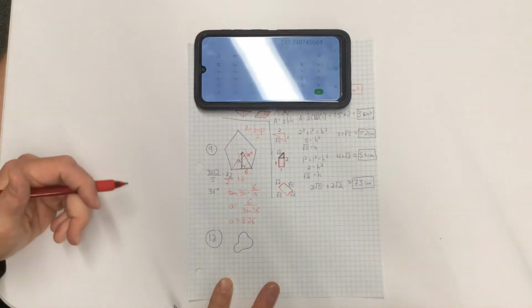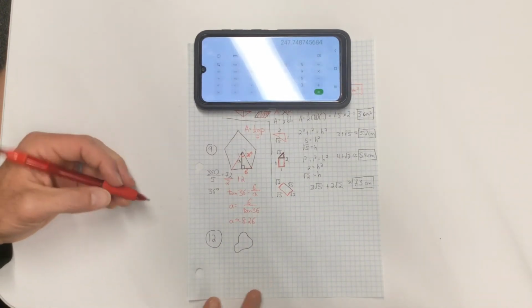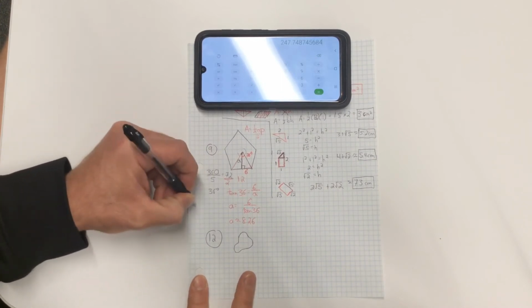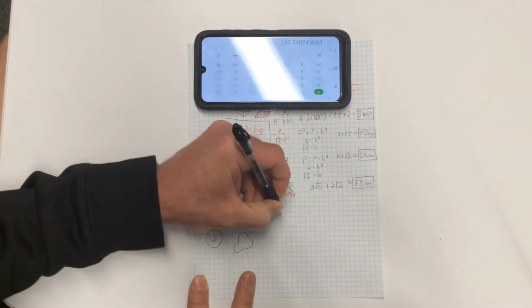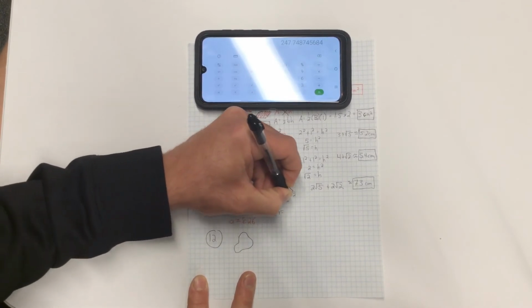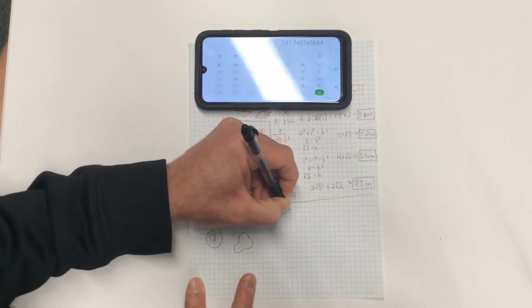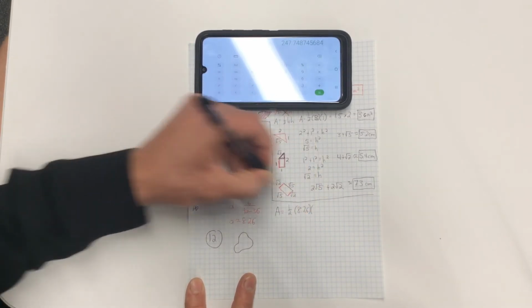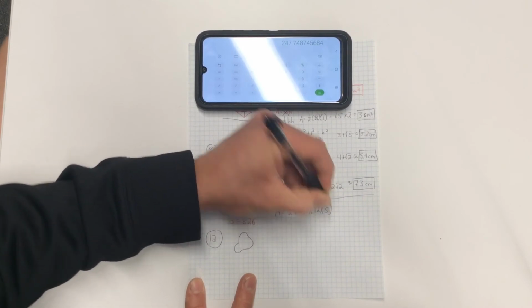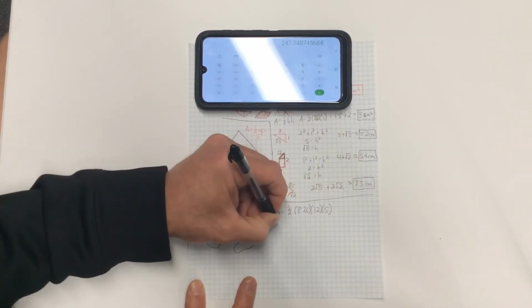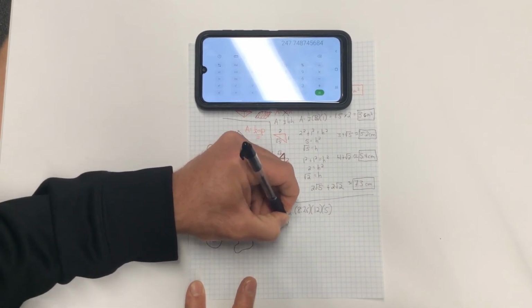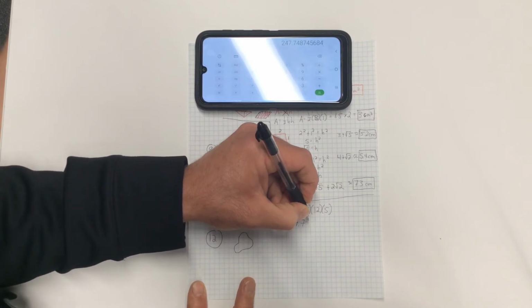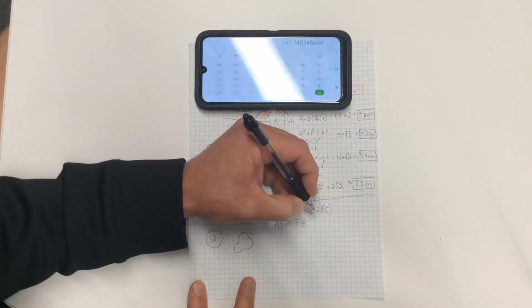And there is my area, 247.7, which is exactly what our book tells us it should be. Area equals 1/2 times 8.26 times 12 times 5, because that was our perimeter. The area is approximately 247.7. Put your units on: meters squared.